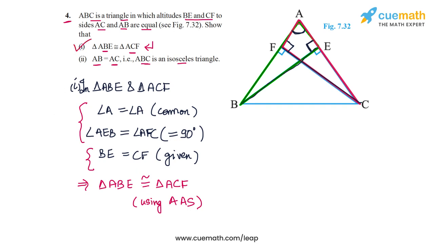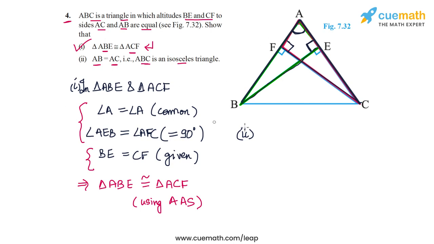And now, because these two triangles are congruent, then part 2 follows right away. AB is the hypotenuse of the first triangle ABE, and AC is the hypotenuse of the second triangle ACF. So if you're not clear, let me highlight these for you. AB is this side, hypotenuse of ABE, and AC is this side, hypotenuse of ACF.